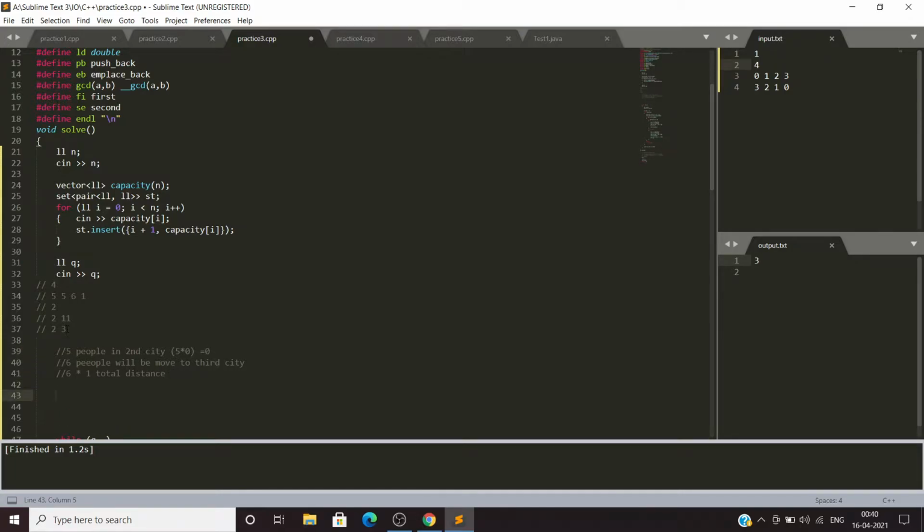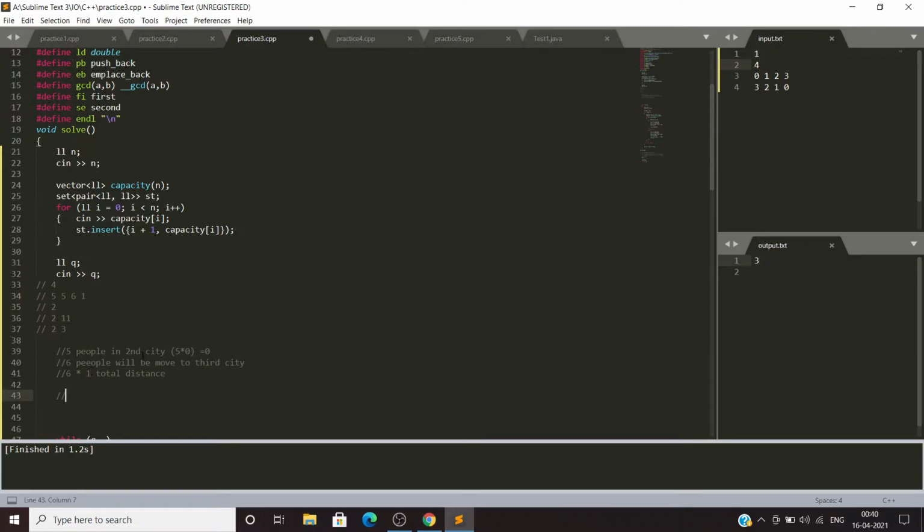And in the second query, there are 3 people that are put in the second city.